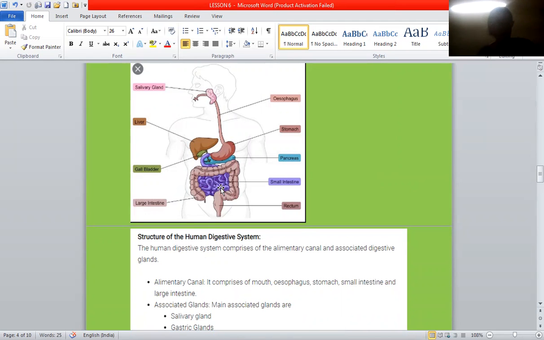Its length is longer in herbivorous animals as compared to carnivores, as herbivorous animals have a larger bulk. The food which they eat is of large bulk and the cellulose of the diet requires longer time for digestion.